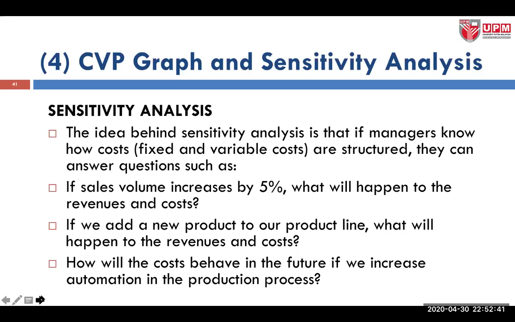Probably you can come up with at least two scenarios. One is the original condition, and come up with another two scenarios on whether you increase the volume, whether you add a new product, whether, for example, like in this movement control order situation, everybody has to work from home, whether you're going to get the same profit.